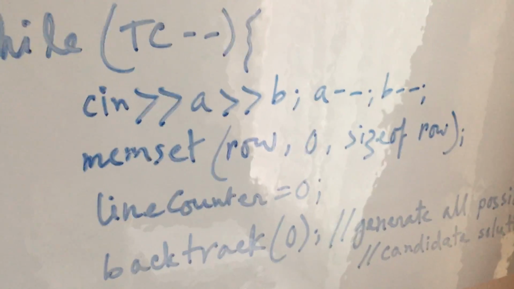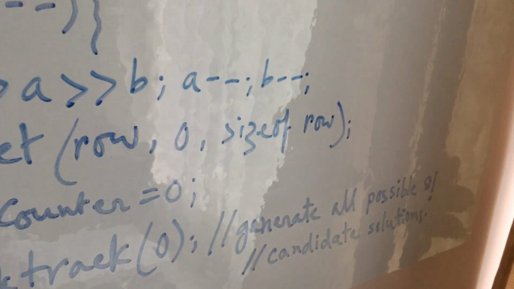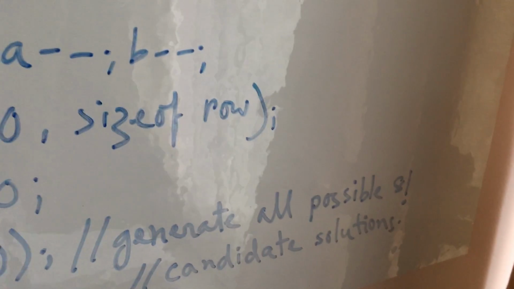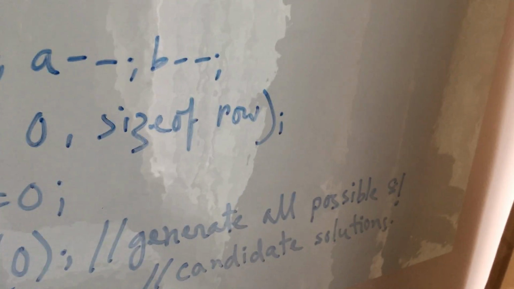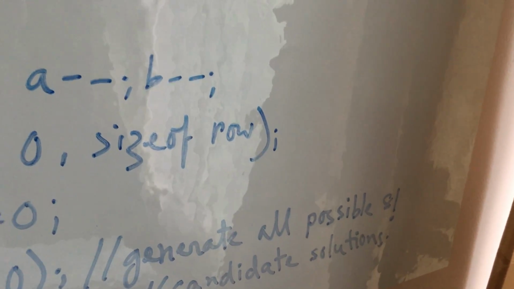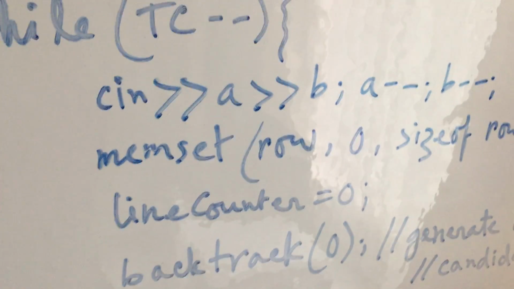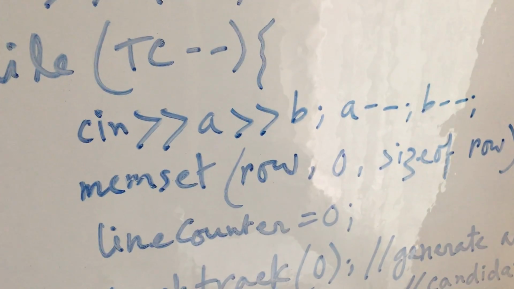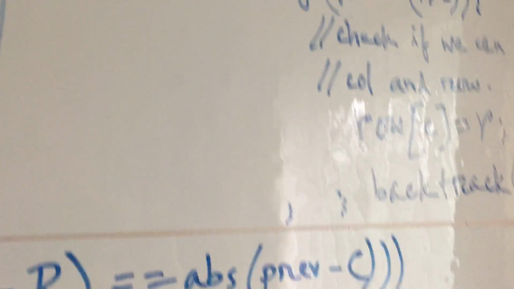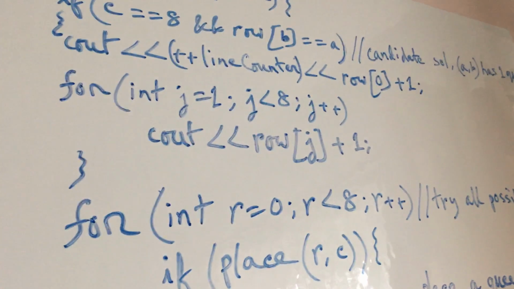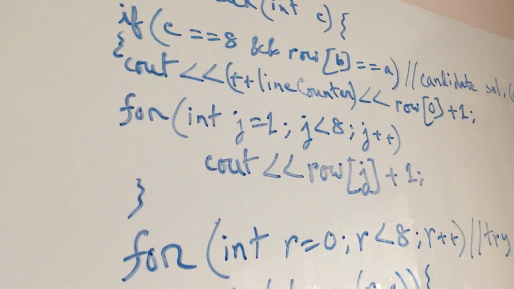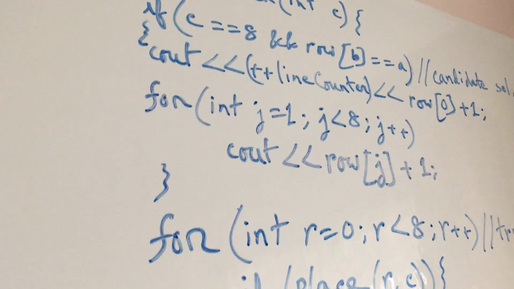So the backtrack function is called with the initial column position of the queen, 0, and we generate all possible 8 factorial candidate solutions by calling the backtrack function and iterating through each position to find all the arrangements of the queens on an 8 by 8 chessboard.